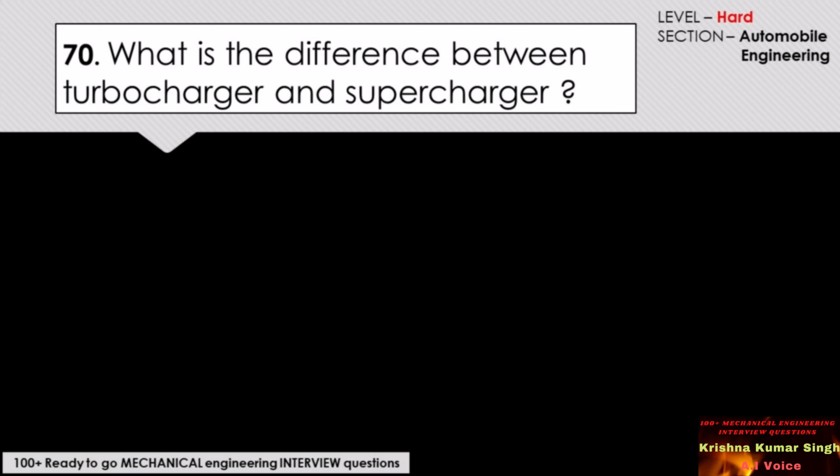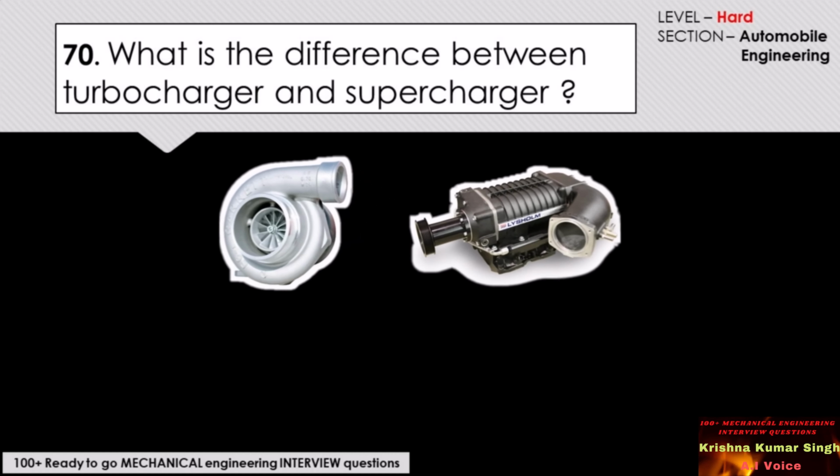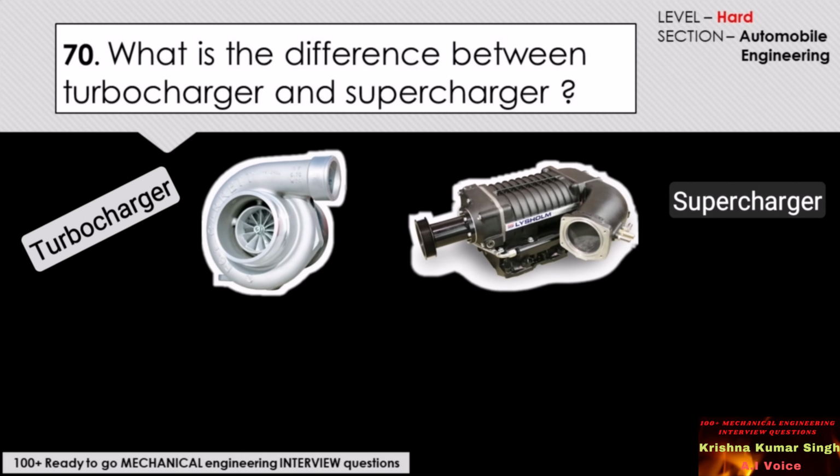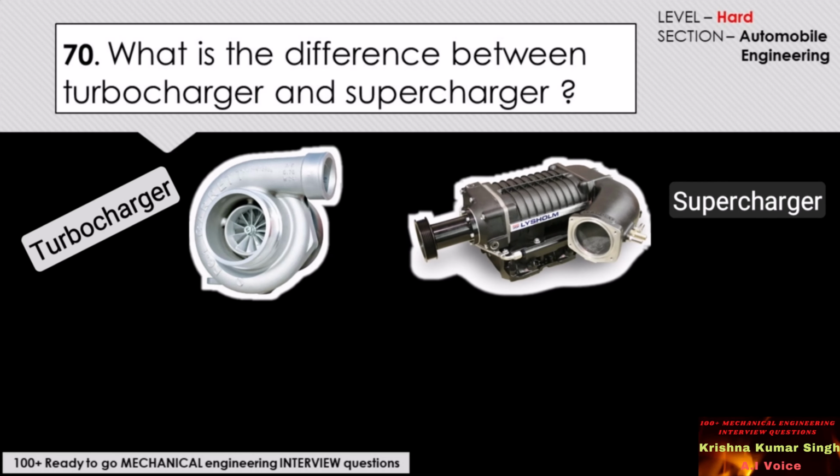What is the difference between turbocharger and supercharger? The earliest superchargers were all driven by power taken from the crankshaft, typically by a gear, belt or a chain.